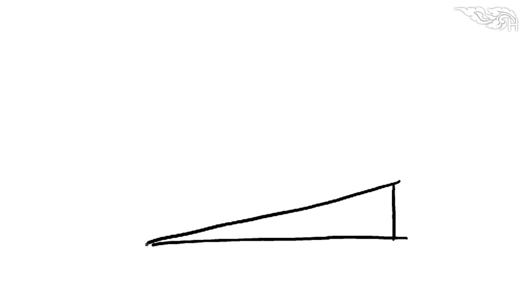So if we look at these exercises in terms of a force velocity continuum, we'll begin by looking at velocity here. At one end we have low velocity and at the other end we have high velocity.